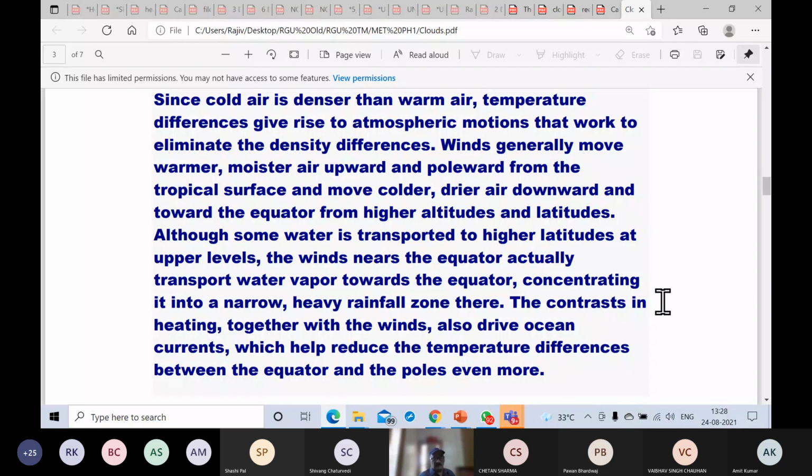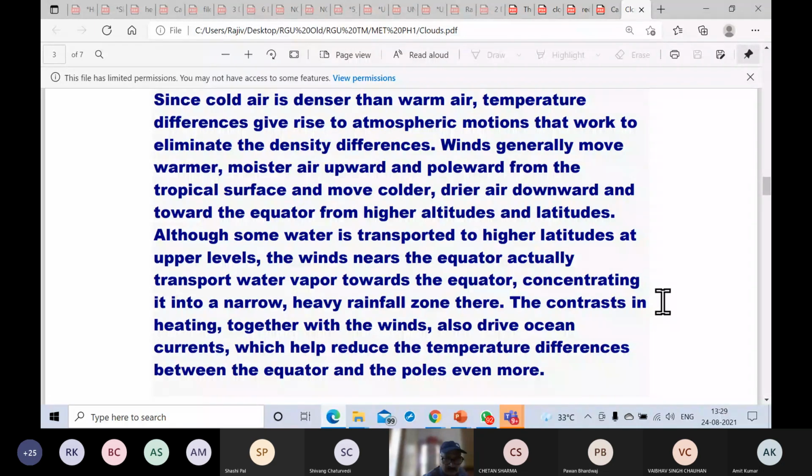Now this is a phenomenon that wind generally moves moist air upwards and polewards. From the tropics, moist air moves upwards and polewards. So this does cause what is called a temperature gradient or temperature variation. From the tropical surface, colder, drier air moves downwards and towards the equator from higher altitudes.